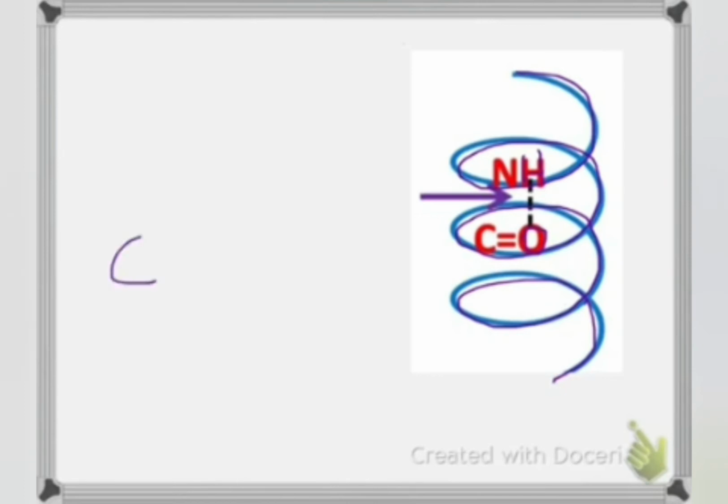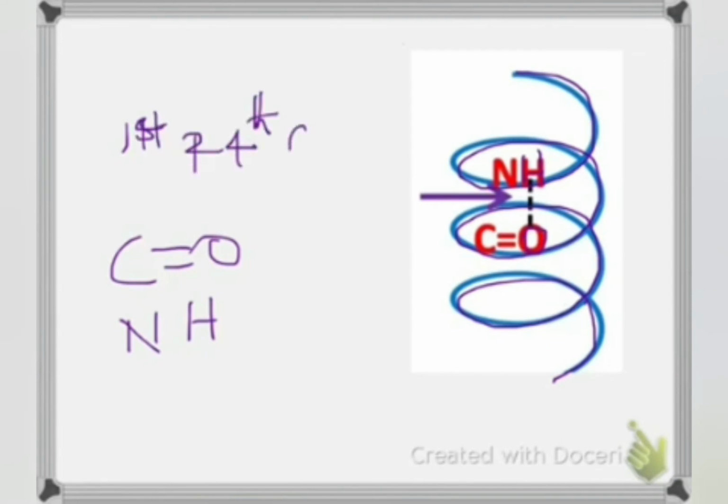Carbonyl oxygen and amide nitrogen form hydrogen bonds to stabilize the structure, and this bond is between the first and fourth amino acid.